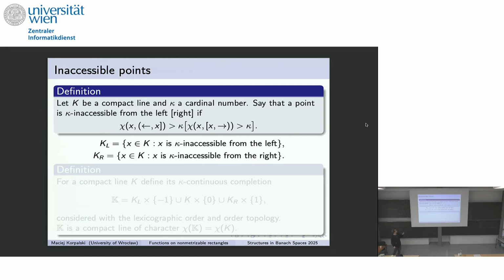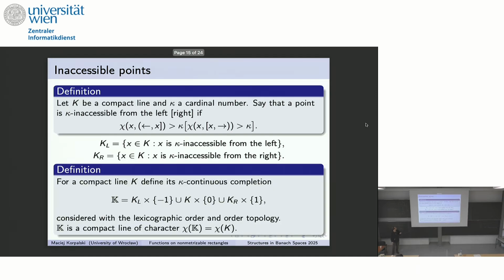So the point omega 1 in this space is omega inaccessible from the left. And we denote those sets, right? Points inaccessible from the left, from the right, and so on. And now there is another compact line. If we take our basic compact line, and we say that some points are inaccessible from the left, some points are inaccessible from the right, some points might be inaccessible from both sides, we kind of split the line at those points. So here it's from the left, so we add a new point here.